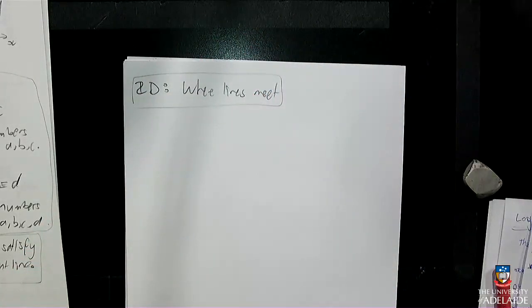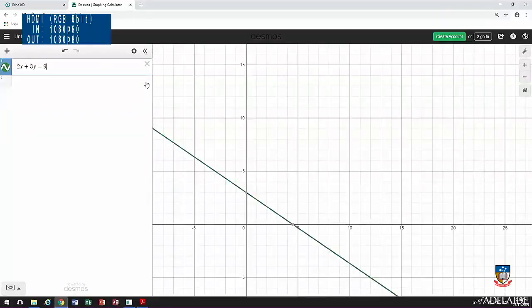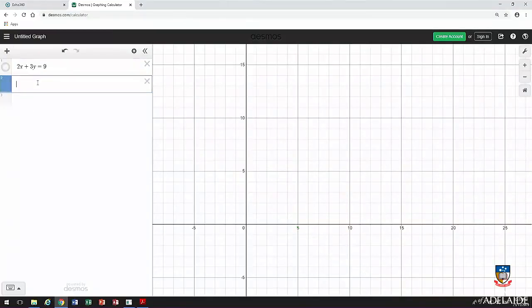Okay, so let's have a look here. So that was my original equation. Let's draw another equation. That's another equation there. I might change its colour so it's a different colour from the other one.